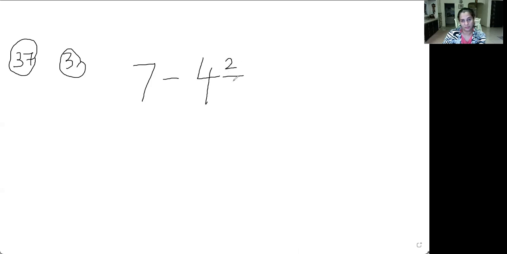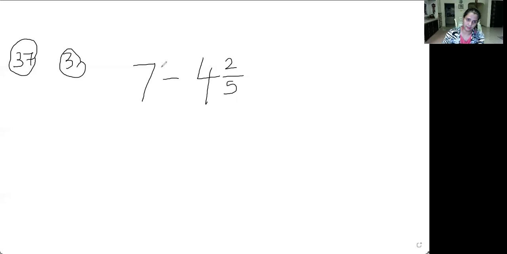Subtraction is a little bit trickier than addition. I'm going to look at question number 3, which shows 7 minus 4, 2 over 5. This is a question where there is a whole number minusing a mixed number. How do I do this?